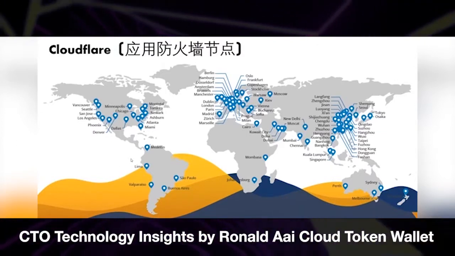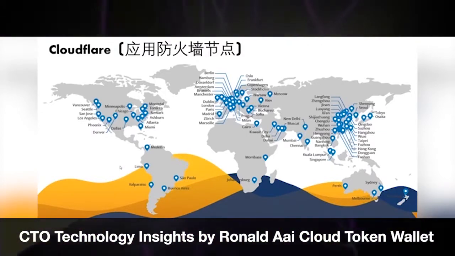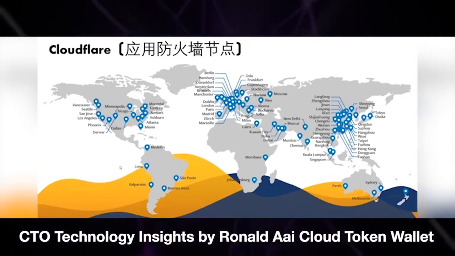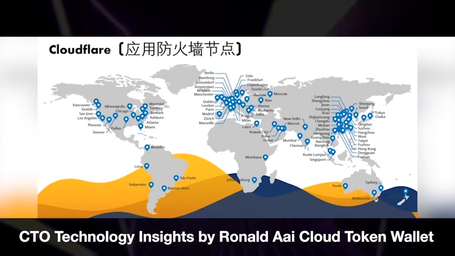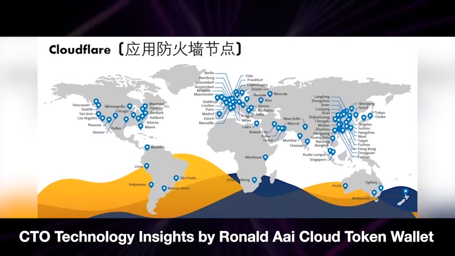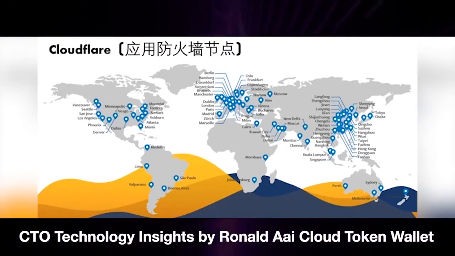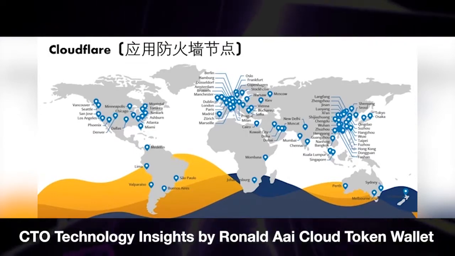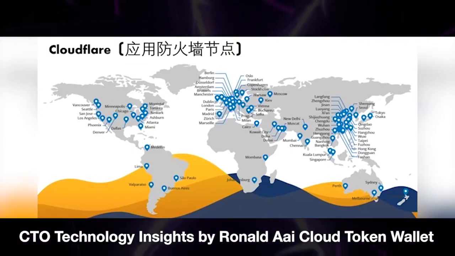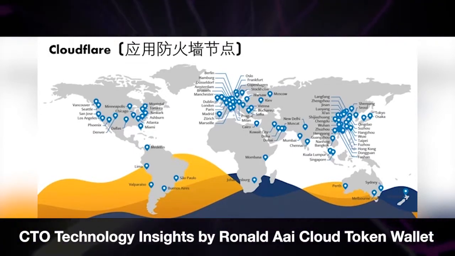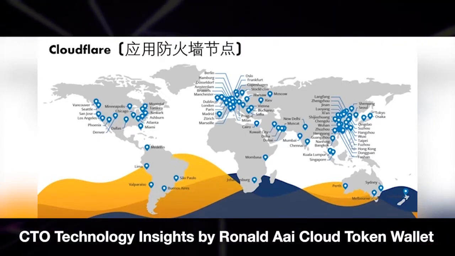We use Cloudflare as our firewall and WAF, web application firewall, and it also serves as a worker or serverless script that we wrote to help enable the wallets to access the public node.